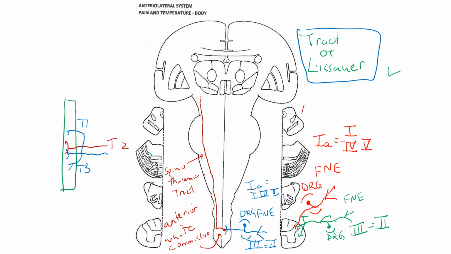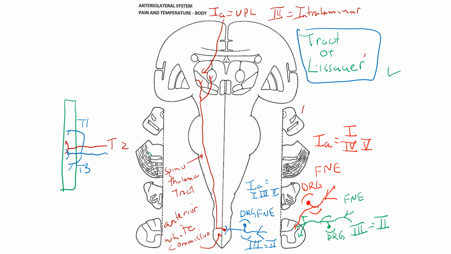If this is fast pain, so I'm going to say 1A, this is going to go to the VPL nucleus of the thalamus. If this is slow pain, this is going to go into the intralaminar nuclei of the thalamus. So this will be another area where you're going to have to make a choice.